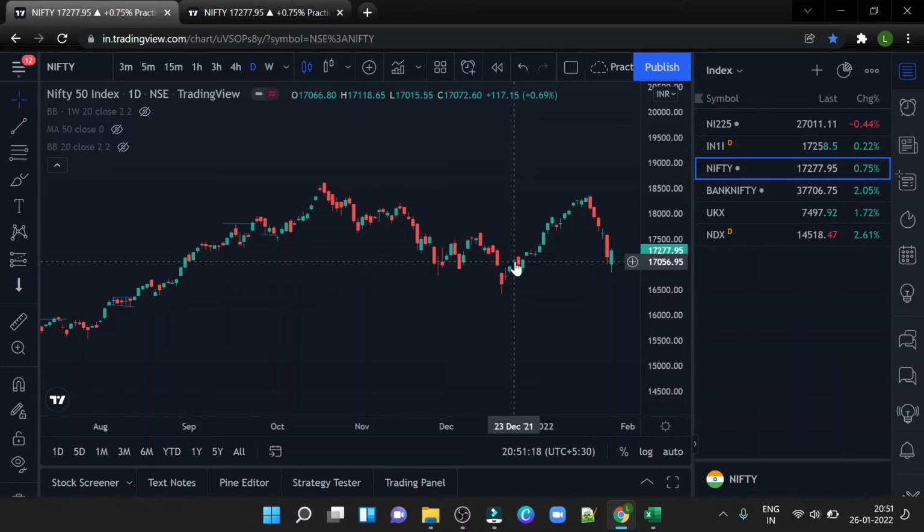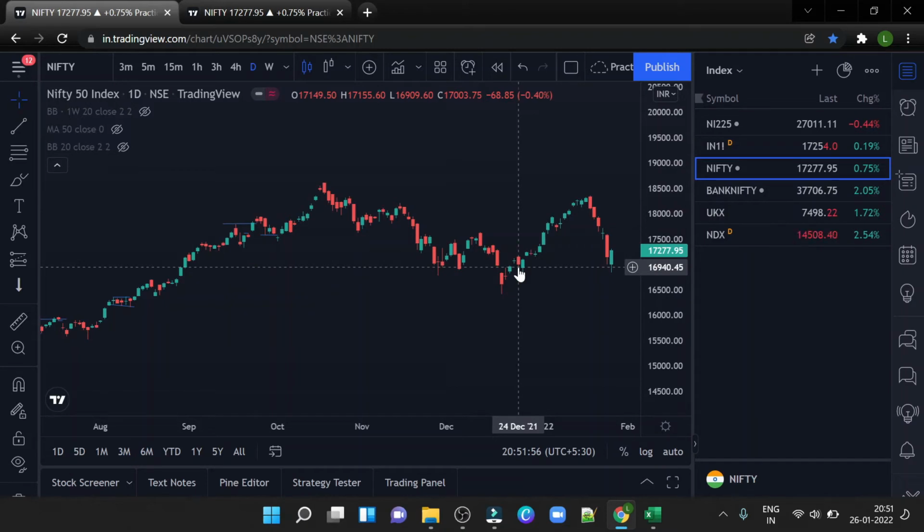Then unless this candle breaks the highest of the last 5 candles, like 1 2 3 4 5, the highest of the last 5 candles is this one. So until the high of this is broken, the direction won't change. So the direction is still downtrend.